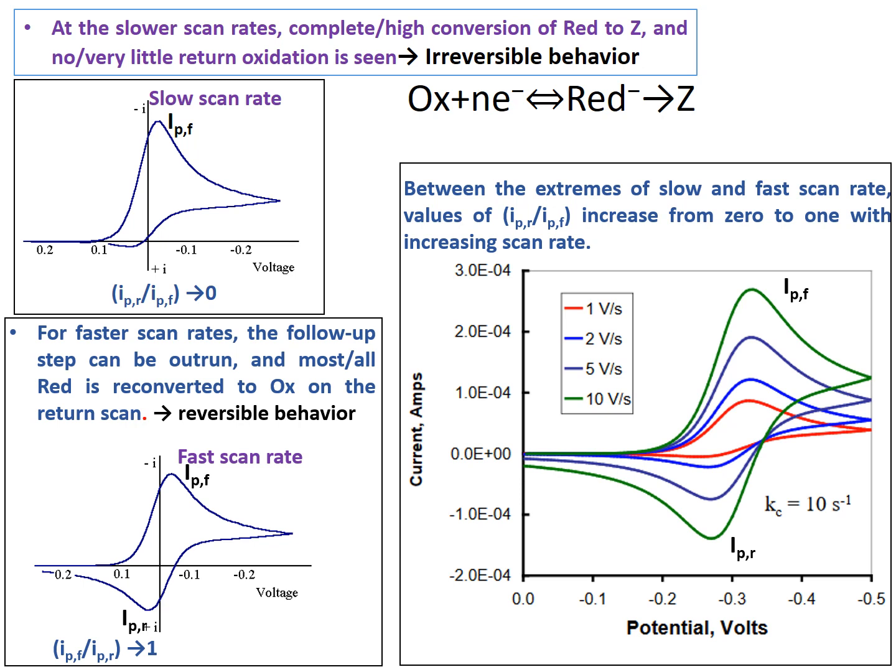With increasing scan rate, the anodic peak current intensity is increasing. That is, between the extremes of the slow and fast scan rate, the ratio of the reverse peak, that is the anodic peak, to the cathodic peak is increasing. At extreme slow scan rate, the value is 0. At extreme fast scan rate, it behaves reversibly and the value is 1.